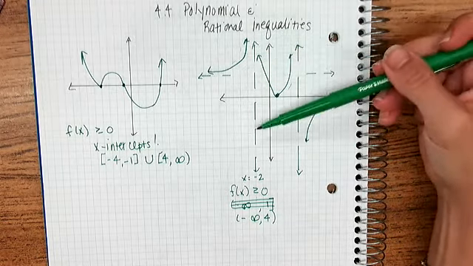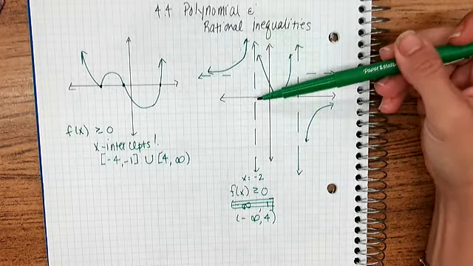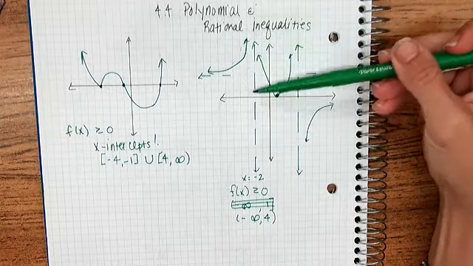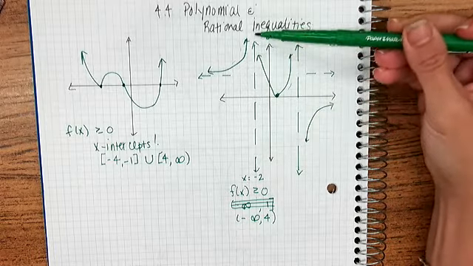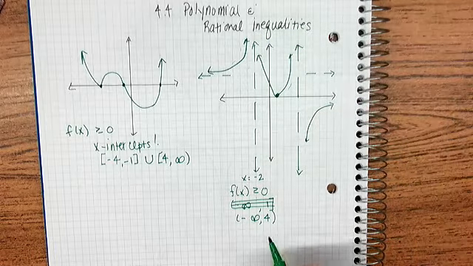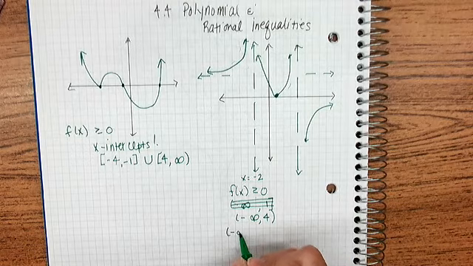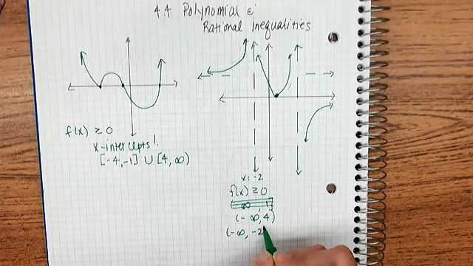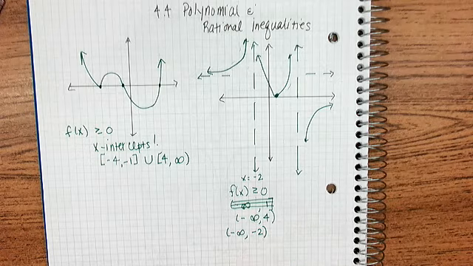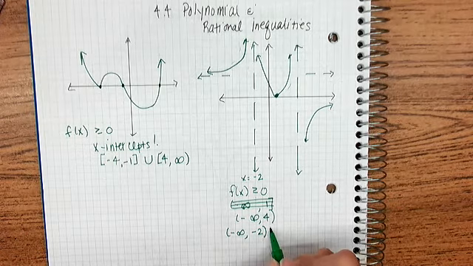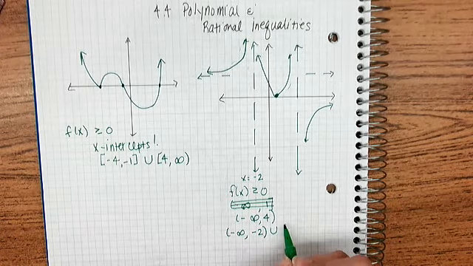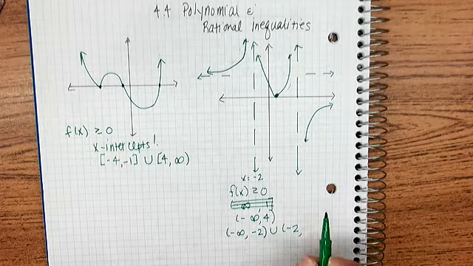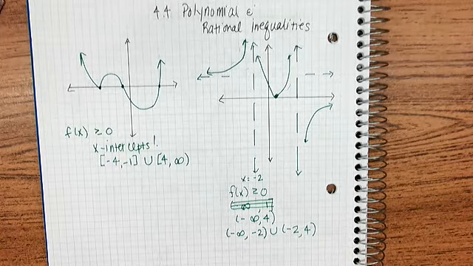I included -2, but I shouldn't have. -2 is an asymptote. So this should be -infinity to -2, parenthesis, in union with -2 to +4, parenthesis.